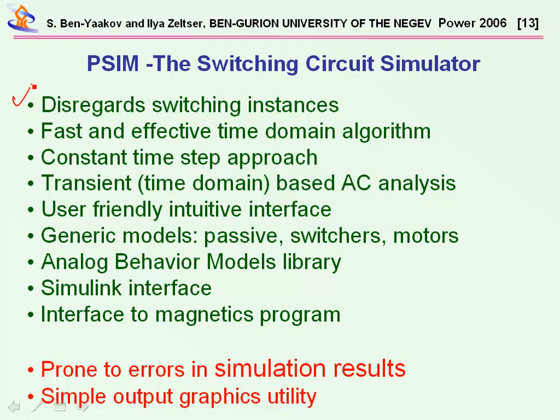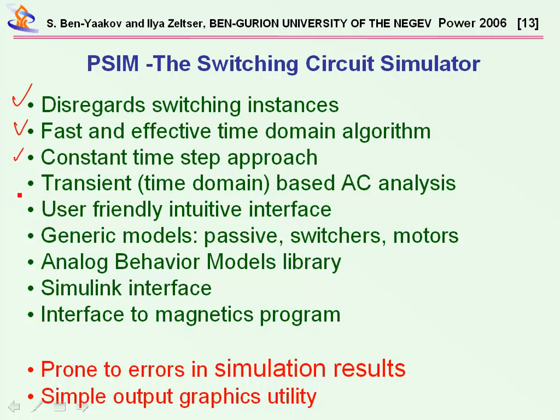That is, it doesn't try to fight the fast changes. It takes actually a point before and after the transition. So therefore, it doesn't have the problem of trying to match the physical rate of change with the actual simulation. Therefore, it is very fast and effective, and only in the time domain. I already mentioned the constant timestep.